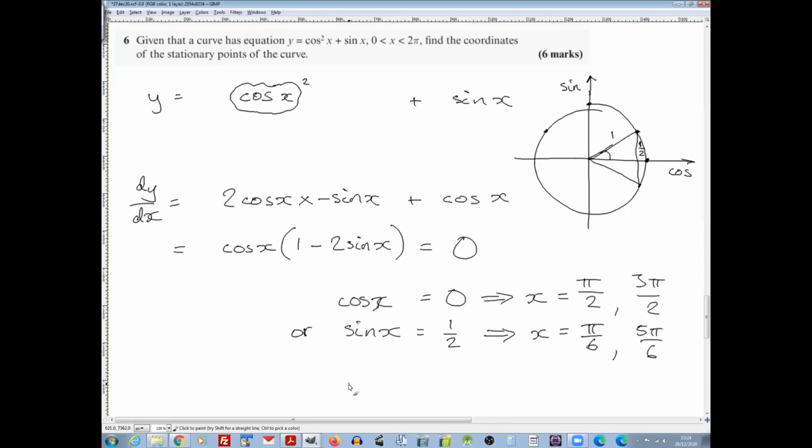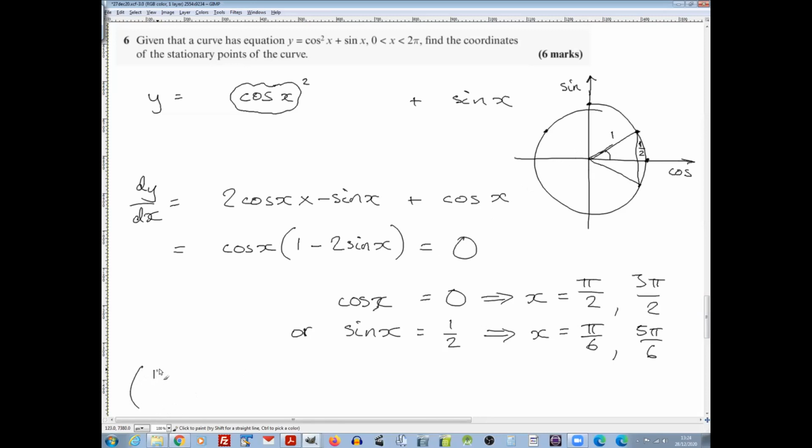Good. Find the coordinates of the stationary points. Well, apparently we've got 4 x values. So taking them each in turn and getting practice with the unit circle, because they want to give us 6 marks for this. So it's probably partly just an exercise in using a unit circle. So let's collect these pairs of coordinates.